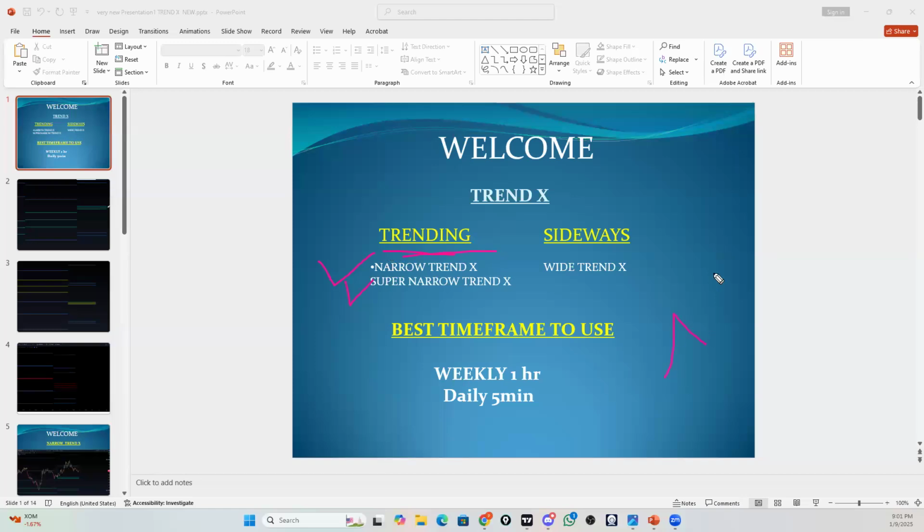Trending means it can move in one direction, or reach the target within 2 candles. So when will it be sideways, and how should we identify a wide Trendex? As I said, the time frame is 1 hour for weekly Trendex and 5 minutes for daily Trendex. I'll show you narrow and super narrow Trendex.